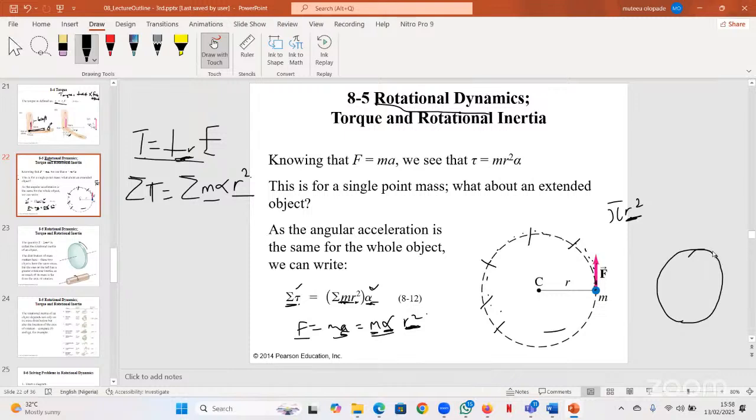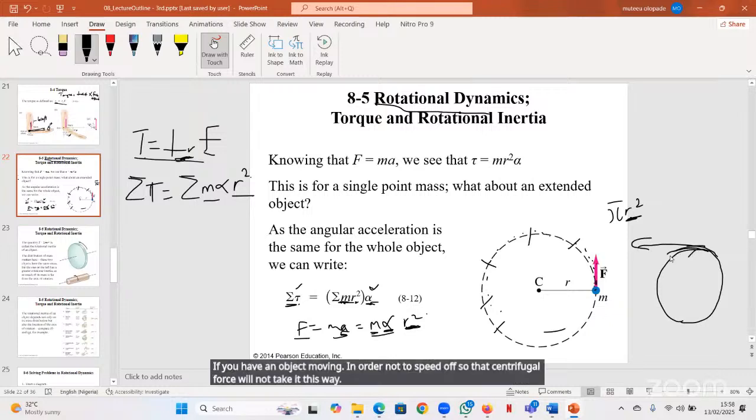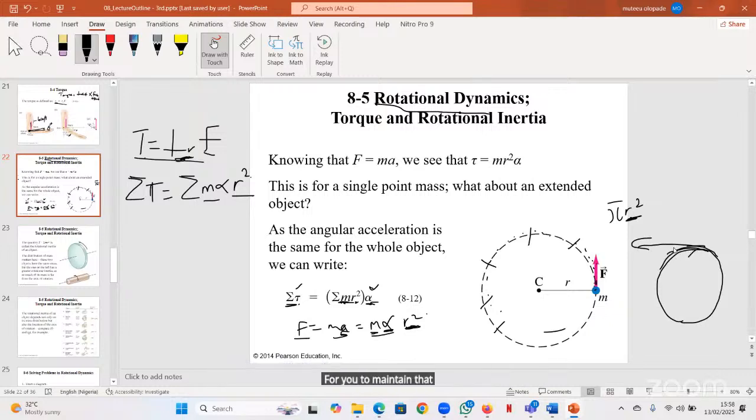If you have an object moving, in order not to skid off, so that centrifugal force will not take it this way, for it to maintain that, it has to slow down. That's why when you are negotiating a roundabout with a vehicle, you don't negotiate it at speed. At some point, you need to slow down. And once the velocity reduces, definitely the acceleration also increases.